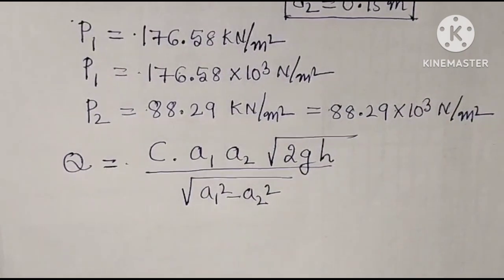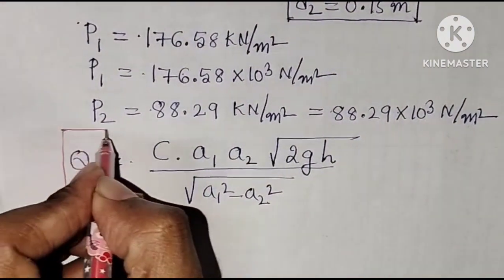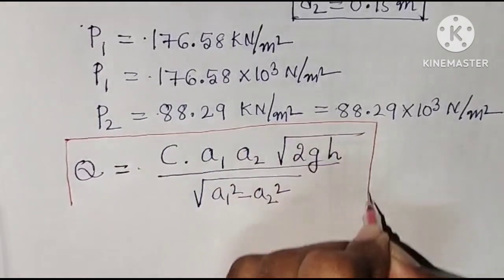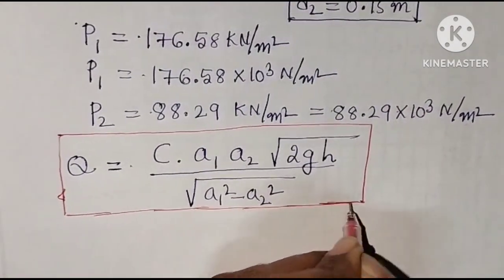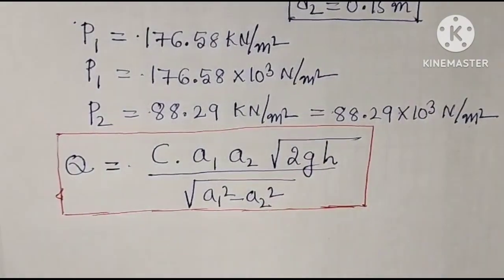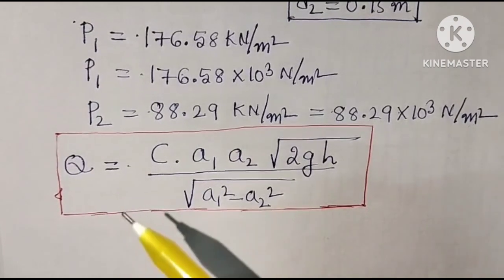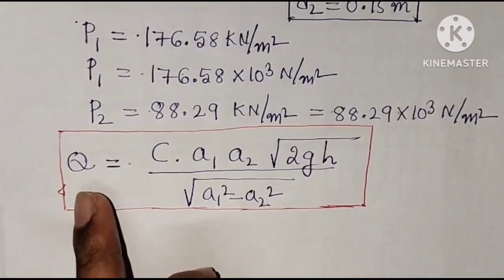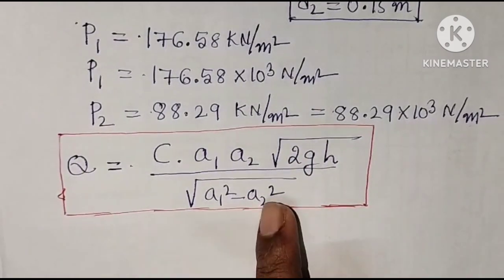In order to find discharge through an orifice meter, we use this formula. Not only for the orifice meter, this formula is also useful for discharge through a venturi meter.